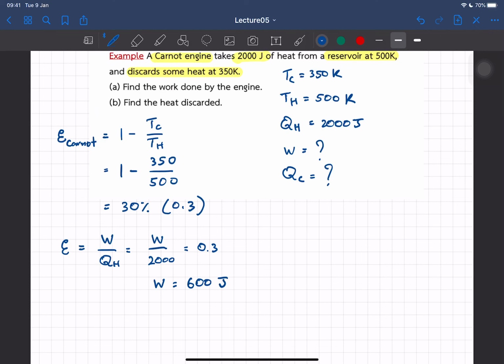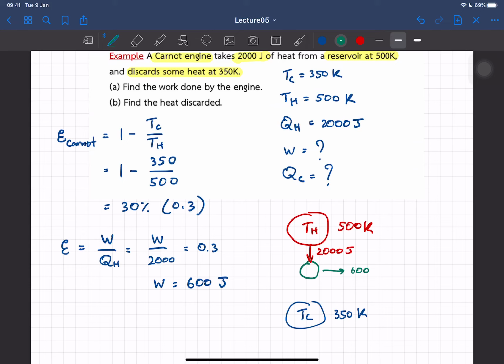Okay, so if we were to draw some kind of engine diagram, TH at 500 K and TC at 350 K, and then we have the engine in between, right? So what you do is you extract 2000 joules here, and you get 600 joules out, right? So it should be quite clear to you, hopefully, that the amount of heat that you need to throw into the cold side is just the difference between 2000 and 600.